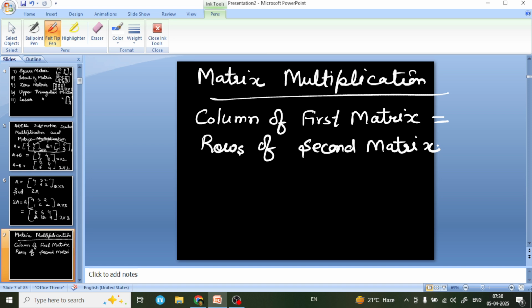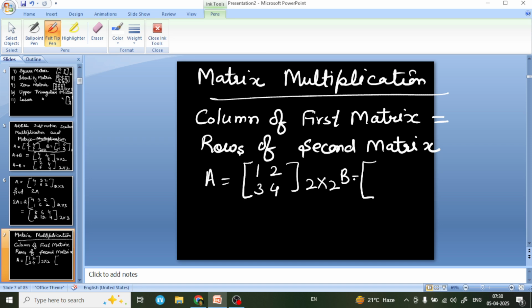Then you can implement matrix multiplication. This is the rule for matrix multiplication. Means, you can see you are given A matrix, that is 1, 2, 3, 4. This is 2 by 2. And B matrix is given.